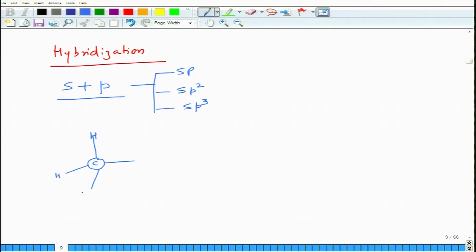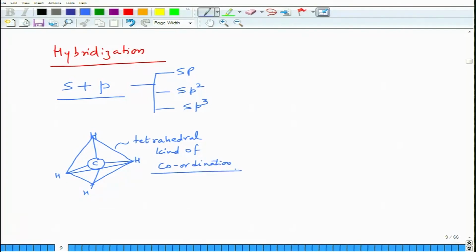So this is hydrogen, this is hydrogen, and what they make is a tetrahedral kind of structure, a tetrahedral kind of coordination. So essentially what happens is that you have one s orbital, this is s, okay.